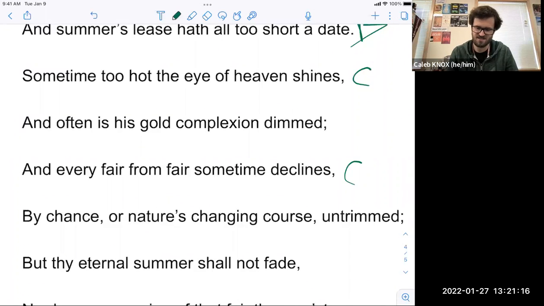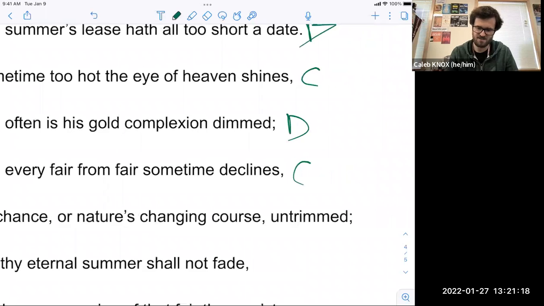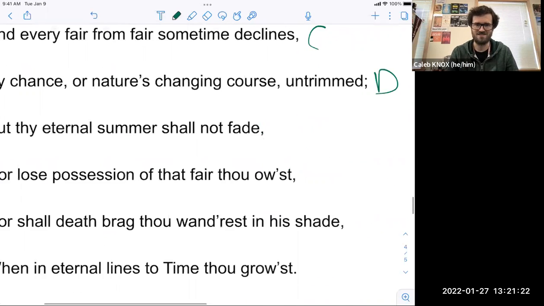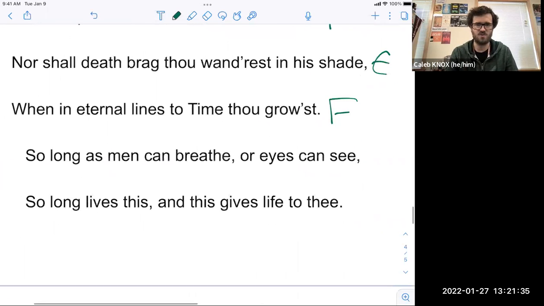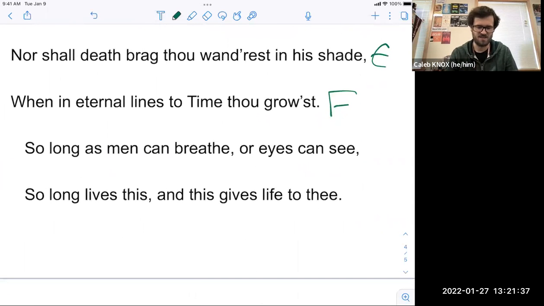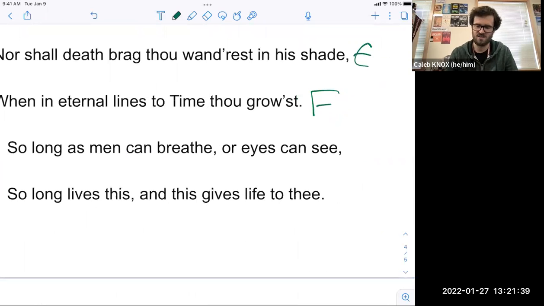Shines, declines. Dimmed, untrimmed, CD, CD. Then you can guess the next 4, right? E, F, E, F: fade, shade, owest, growest. And then it ends with a rhymed couplet, see, thee. So that's another new sound. So it's G, G.